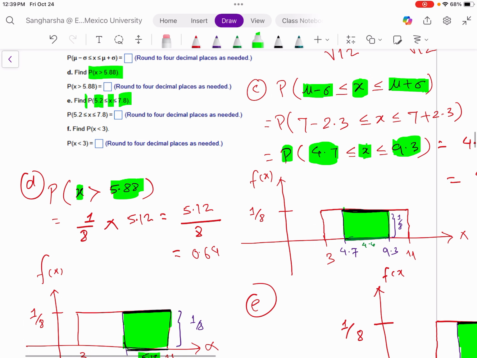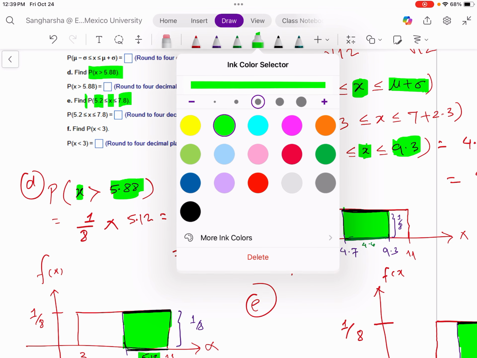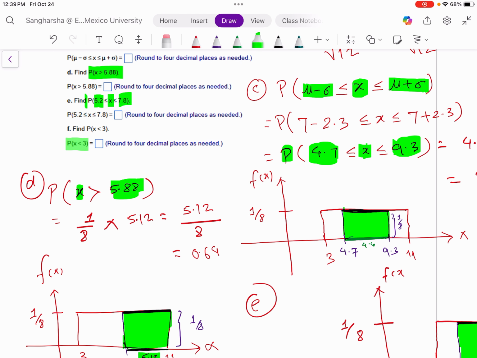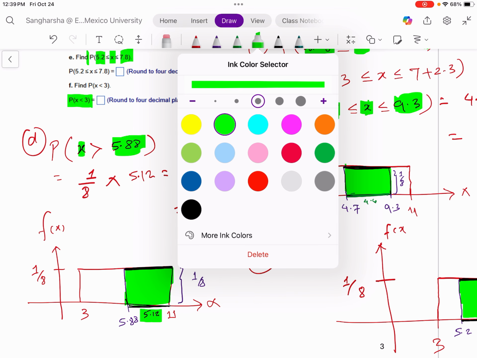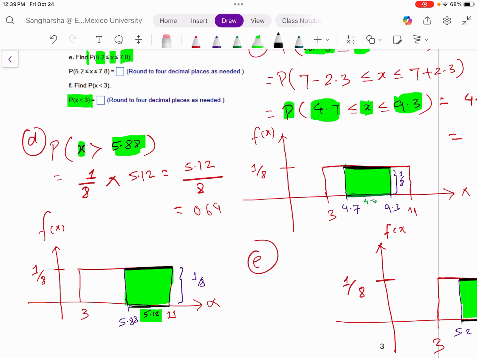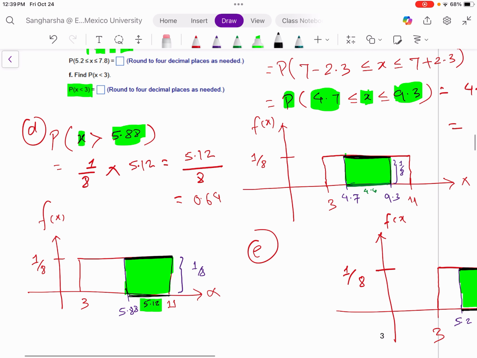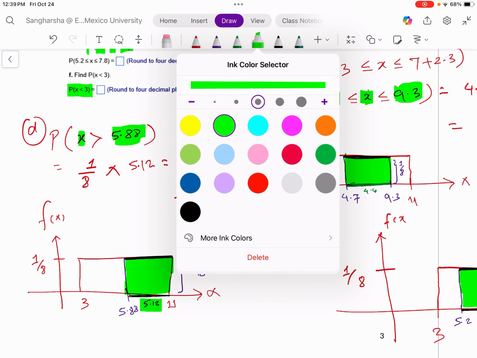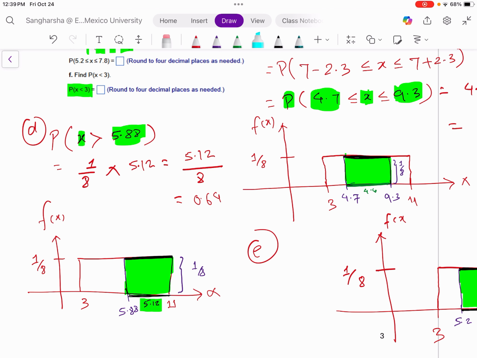Next, in number F, we are asked to find the probability that our x takes a value less than 3. Now here, our x takes a value greater than 3, right? If we look at this distribution, our x is from 3 to 11.